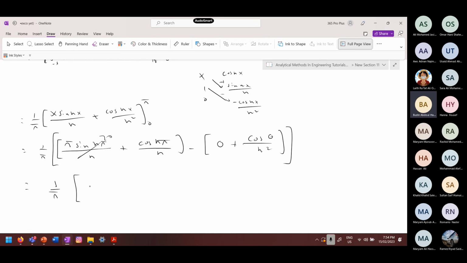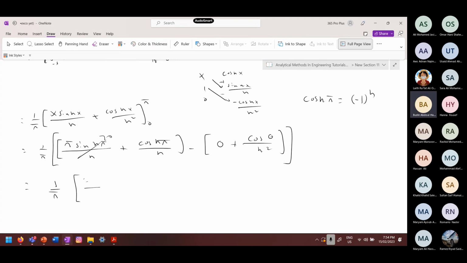Cosine n pi, this is an interesting shortcut to use. Cosine n pi is equal to -1 to the power n. For you to have it in an easier way, instead of imagining the pi and how it affects the cosine, you can simply use this term. It's much easier for you.